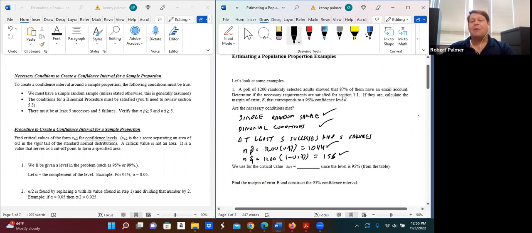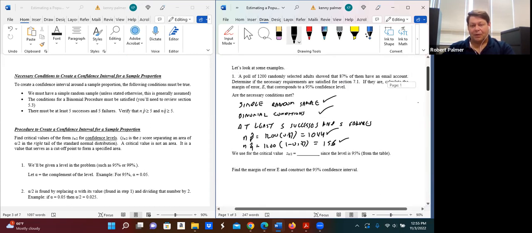Here we want to have a 95% confidence level. We want to be 95% confident that our interval will actually contain the true value. Remember, this is our sample value. So the question is, what's the true value? The true percent of people who have an email account. We need to find our critical value.